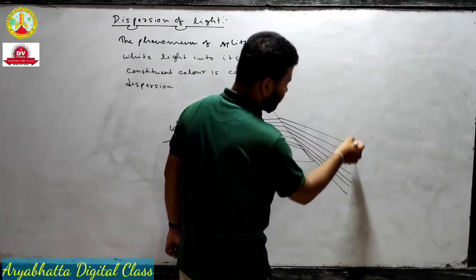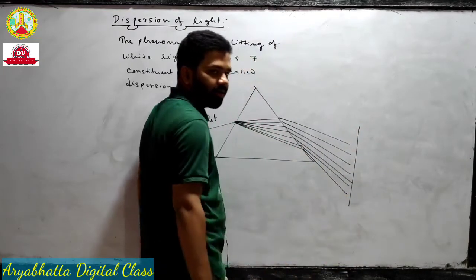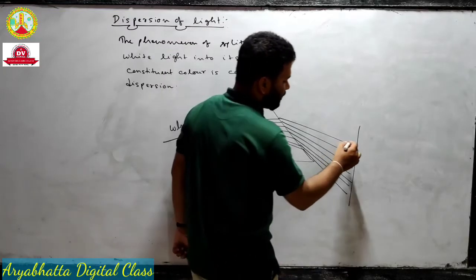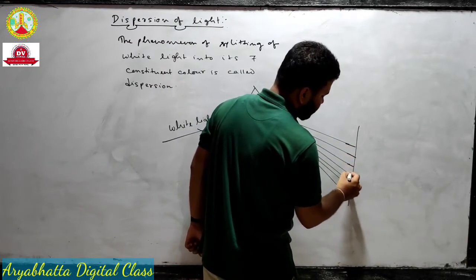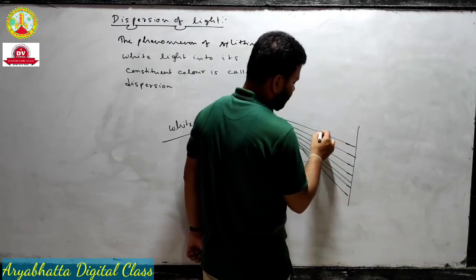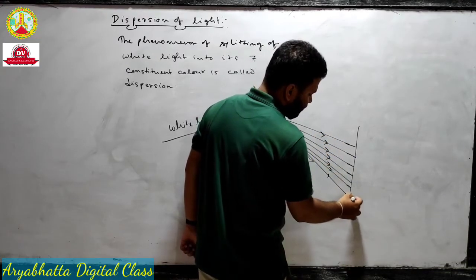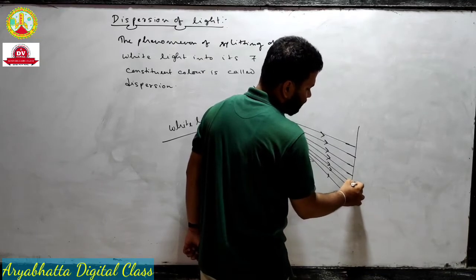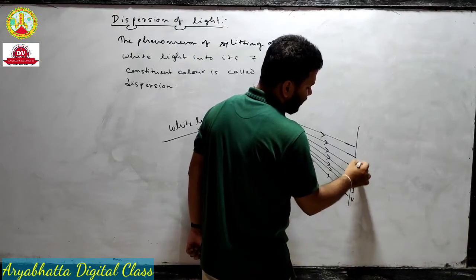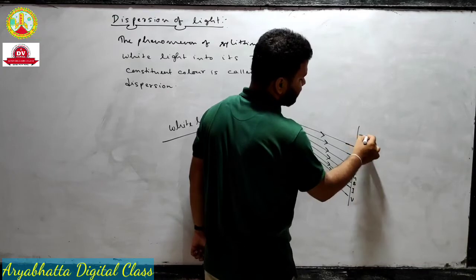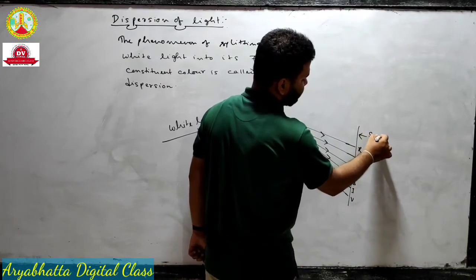If you keep a screen here, then you will observe 7 different colors. This will be violet, indigo, blue, green, yellow, orange, red. This one is nothing but the screen.